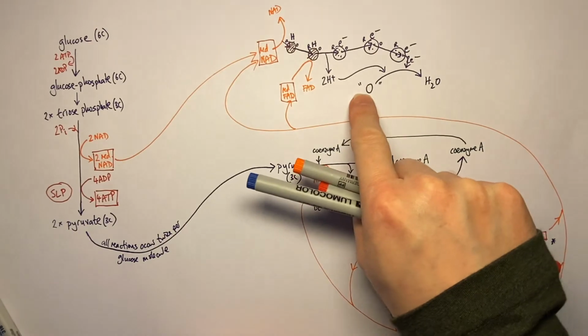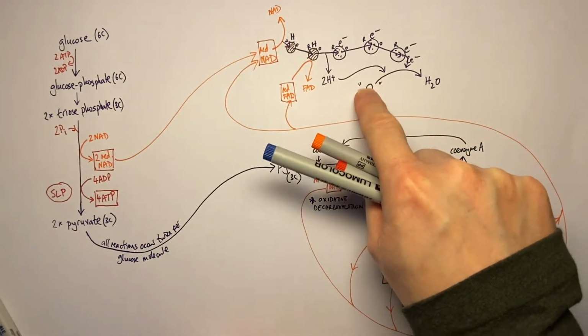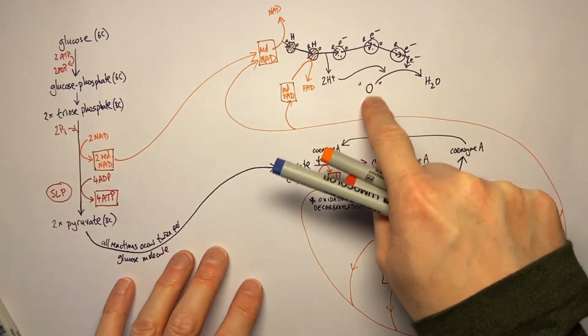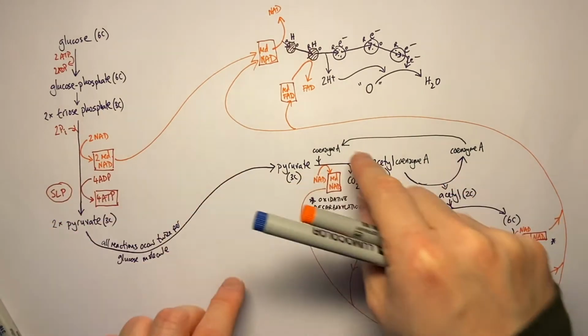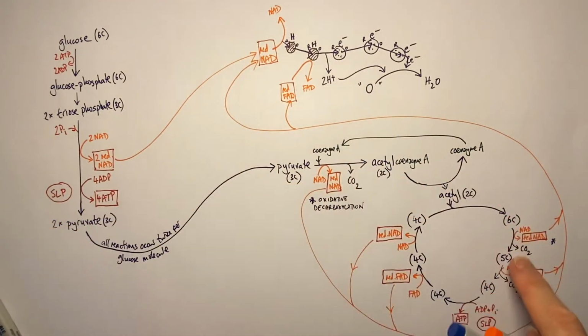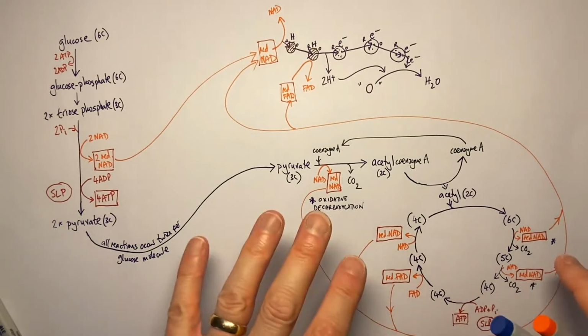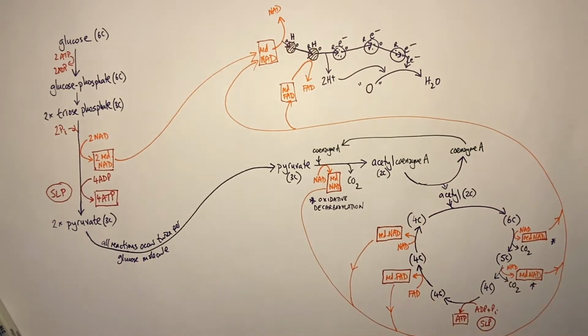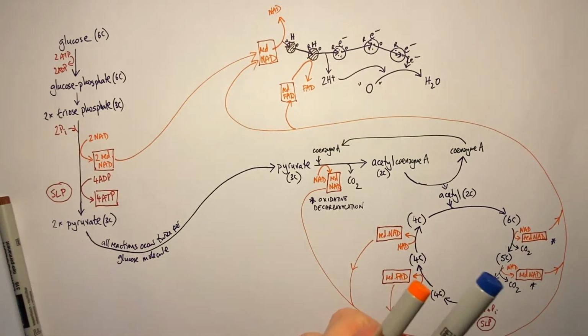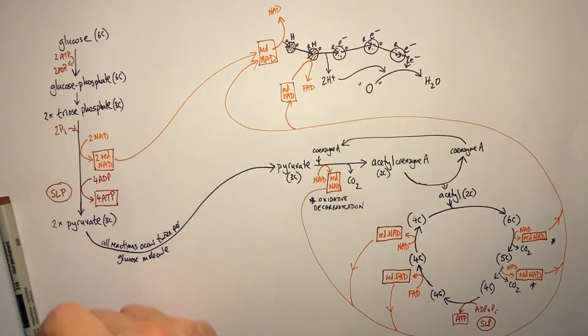So that's why oxygen is so important, and the presence of oxygen allows the hydrogens to be removed all the way through the process, bit by bit, and therefore we can access more energy to make the ATP. Talking of which, what about ATP?